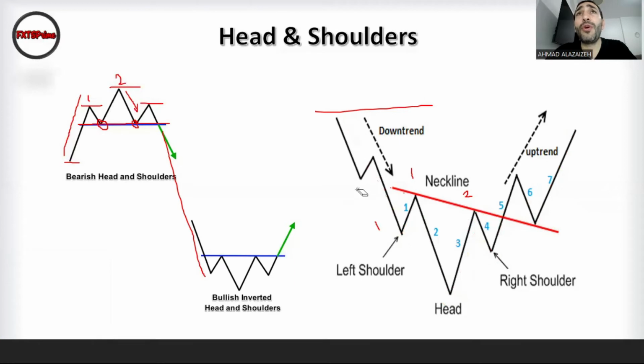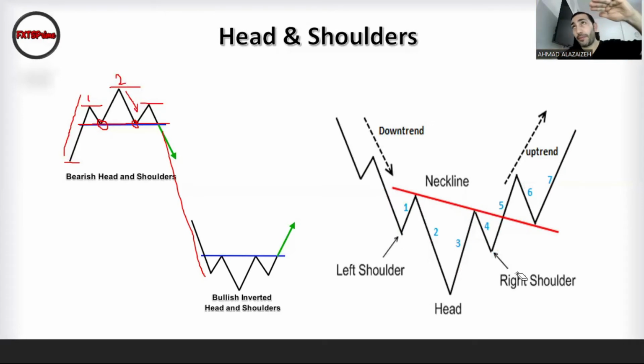So what you need to know about the head and shoulders, two things. First, when you have head and shoulders, you need to make sure that the price is after oversold or overbought. If it's reversing from the top, you need to have too much extension, price moved up too much.